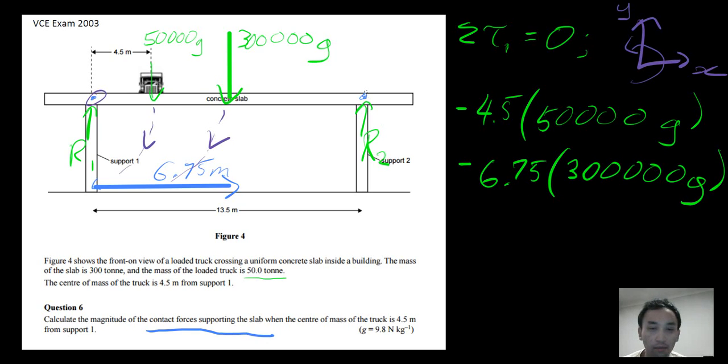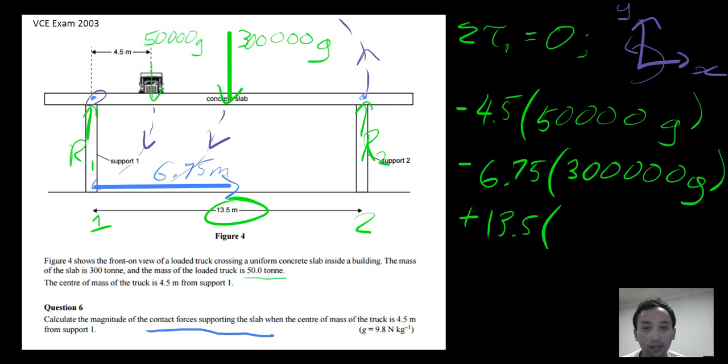And lastly, the last force that's present is reaction force 2, and this is going anti-clockwise since it's going up and on the right of the pivot point. So if it's going anti-clockwise, we're going to add this force and say that we have a distance of 13.5 from point 1 to point 2. So this is our r value, our perpendicular distance, and the force acting at that point is R2.